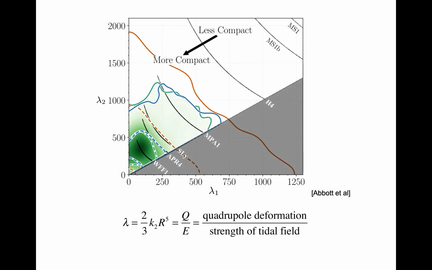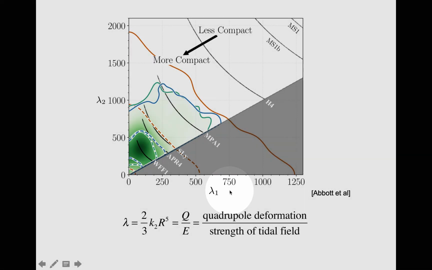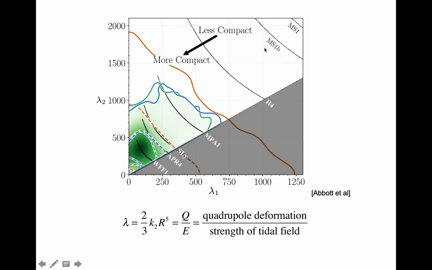Now, if we look at what was achieved, here's from the GW170817 detection paper, in terms of the two tidal deformabilities called lambda here, you see that this is a region that's allowed, and here's a region that's excluded. The curves MS1, MS1b, for example, are examples of equations of state that lead to neutron stars too large to be allowed by this observation.